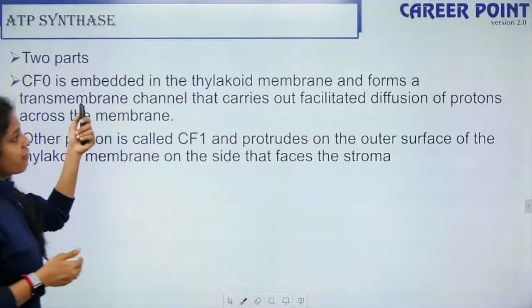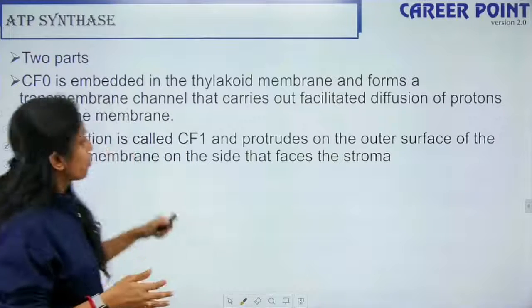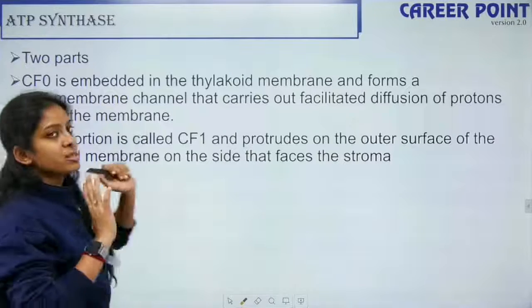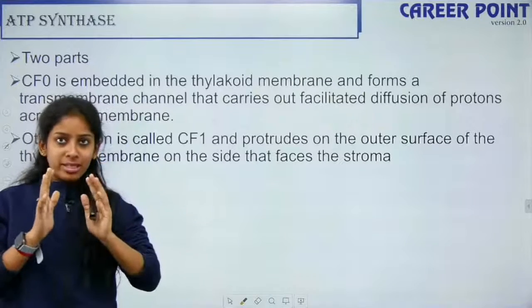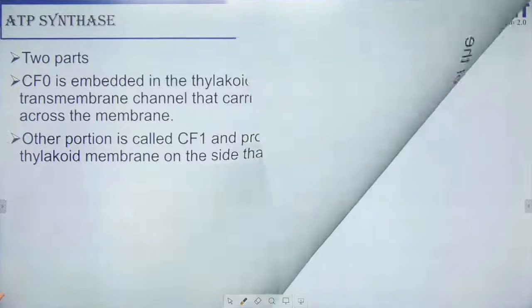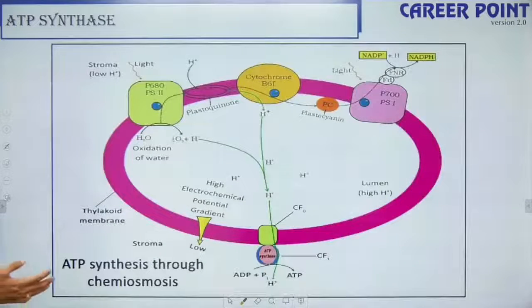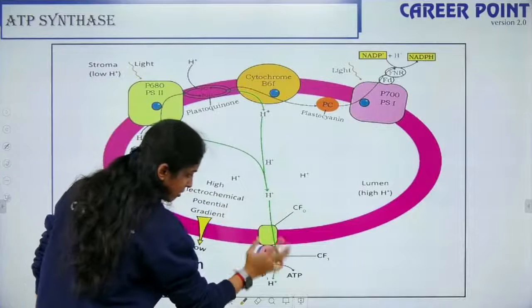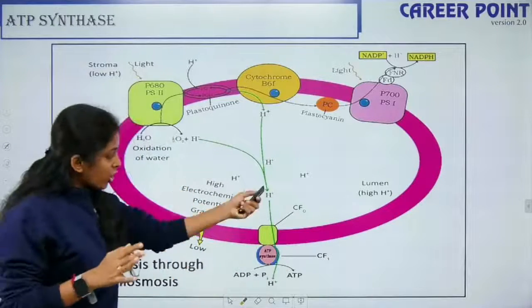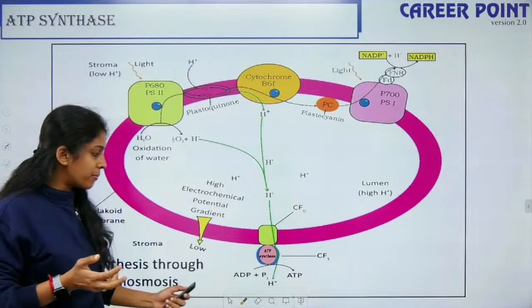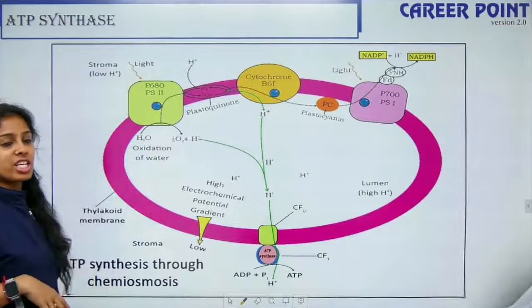The CF0 forms a transmembrane channel, so it is in the middle, right? And your CF1 is like an integral membrane protein, you can say. So it looks like this, F0 and F1. Sorry, this is integral membrane and this is transmembrane. So your H plus will move like this. When it moves, a conformational change happens and your ADP gets converted into ATP.